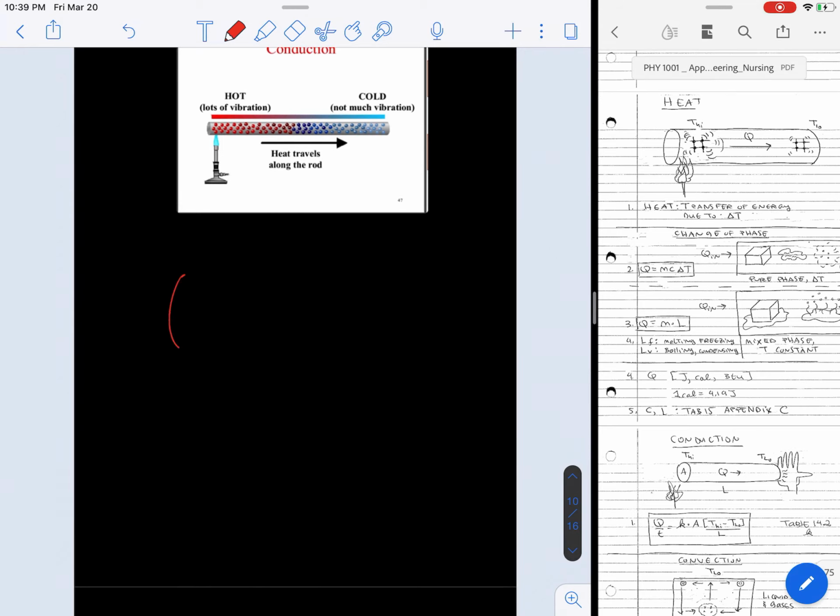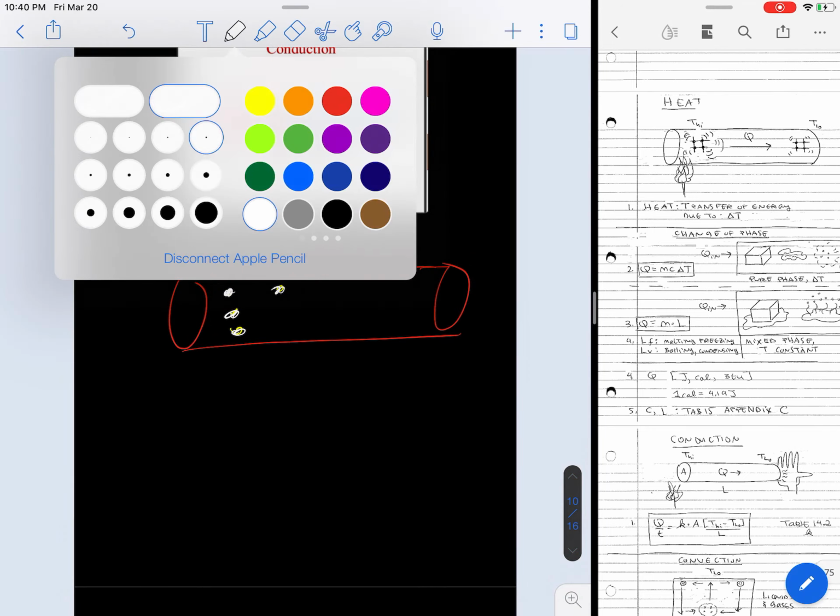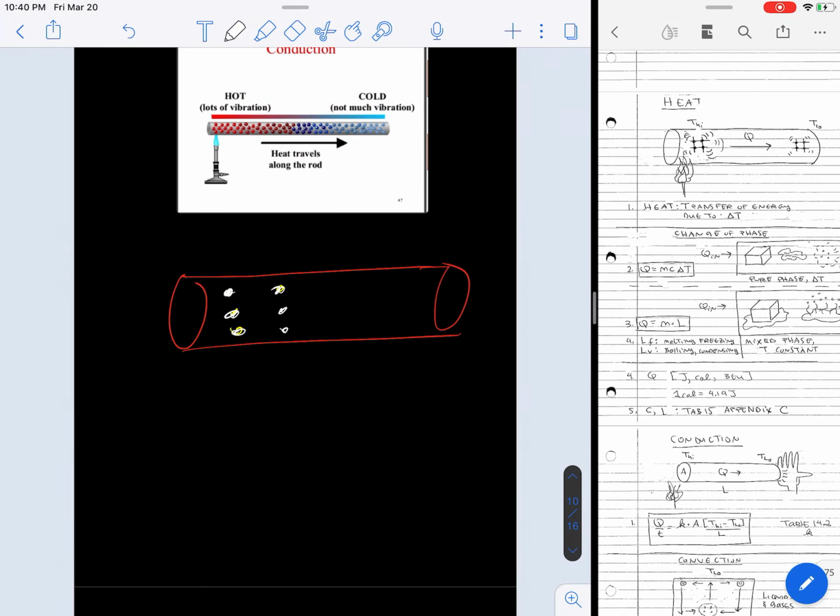So let's say that you have this pipe. And this pipe here has atoms inside of it. Let me pick a different color. Those atoms in the solid can't move anywhere, but they do vibrate.